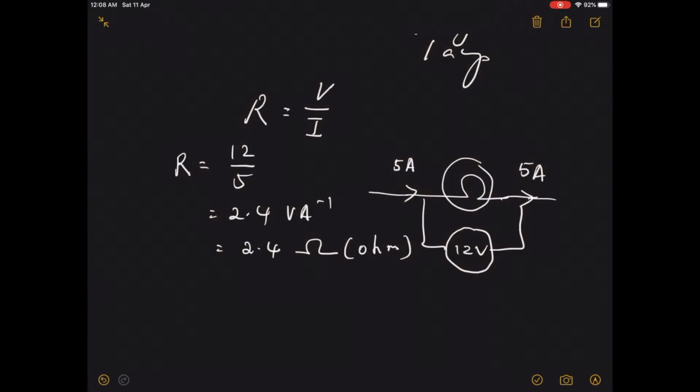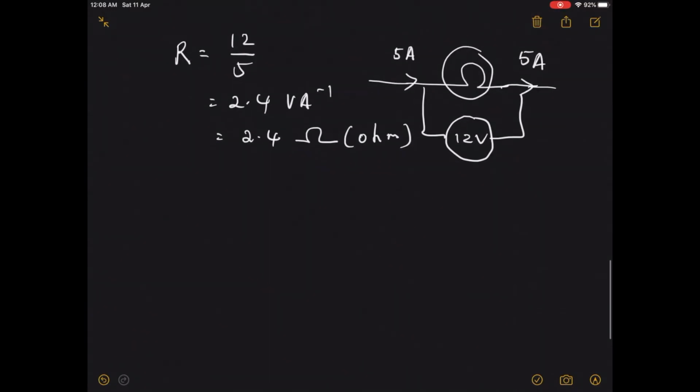So, from this relationship of R equals V over I, I will say your V is directly proportional to I if R is fixed. So meaning that if you apply a bigger voltage to the lamp, you expect the current to increase.